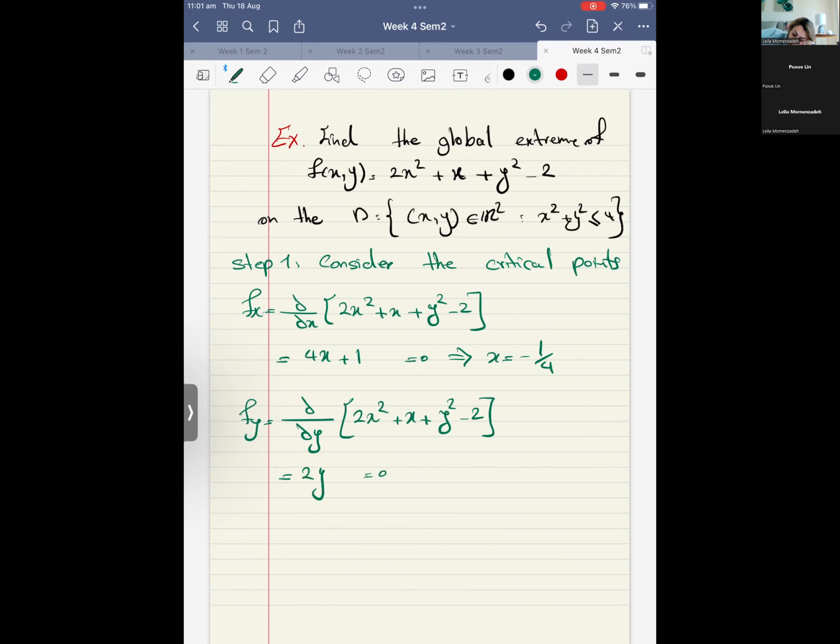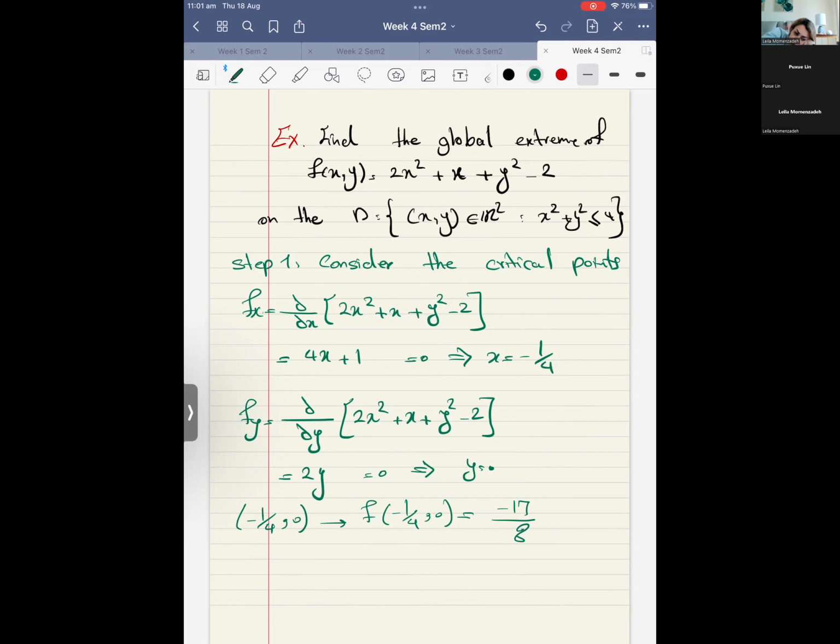If I put it equal to 0, then y is equal to 0. Now your critical point is (-1/4, 0), and if I put it into f, you have the answer -17/8.